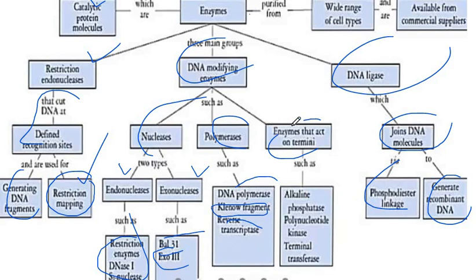Third are enzymes that act on termini, such as alkaline phosphatase, polynucleotide kinase, and terminal transferase. Alkaline phosphatase removes phosphate groups, polynucleotide kinase adds phosphate groups, and terminal transferase adds nucleotide sequence at 3' hydroxyl ends.